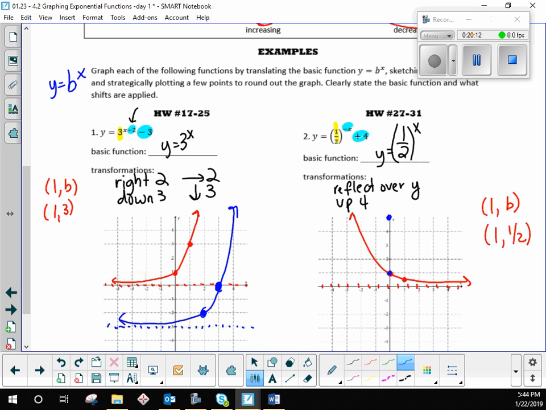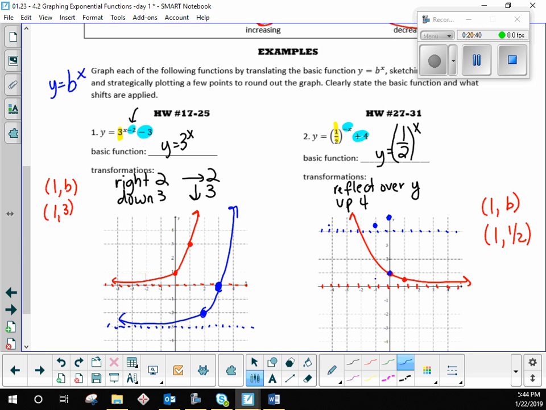My (1, 1/2) point, reflecting over y, puts it here. And then from there, I'm going up 4. 1, 2, 3, 4. My horizontal asymptote, y equals 0, is also going up 4. So it's here.